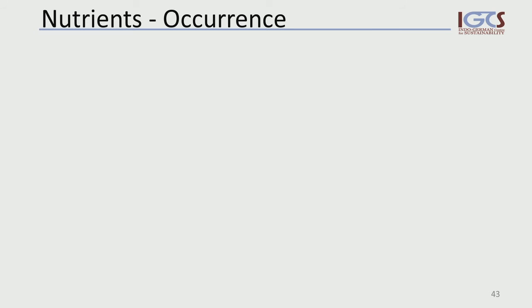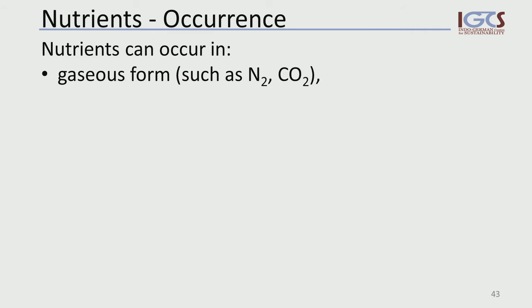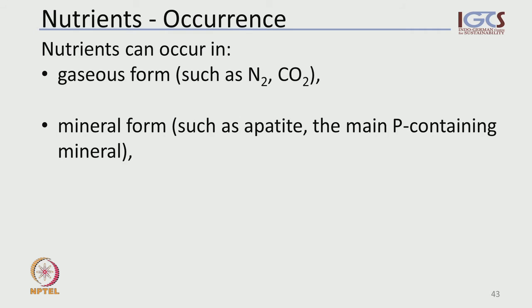Now, nutrients occur in the form of gases, for instance nitrogen or carbon dioxide, the best known maybe. They occur in mineral form, for instance, and very important, the phosphate or phosphorus-containing minerals.